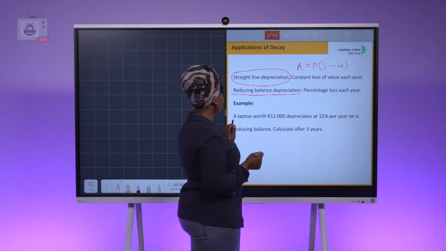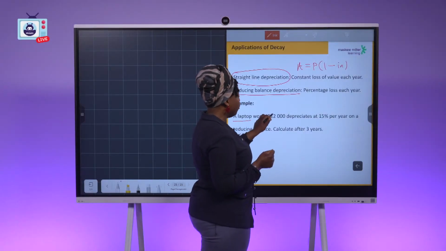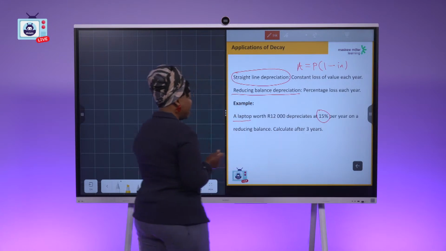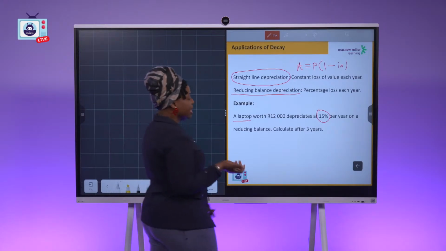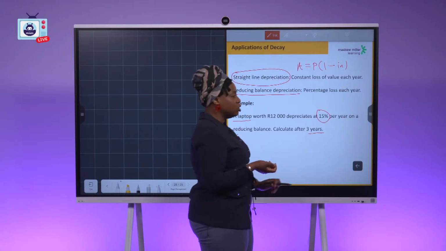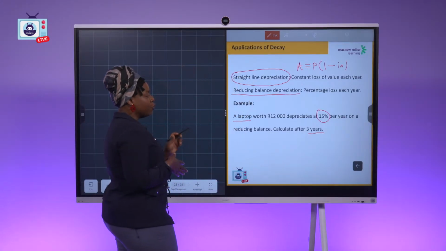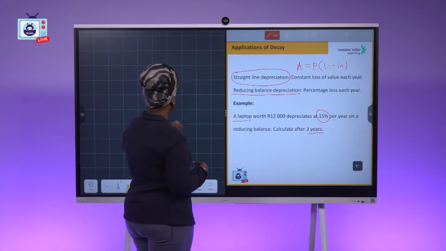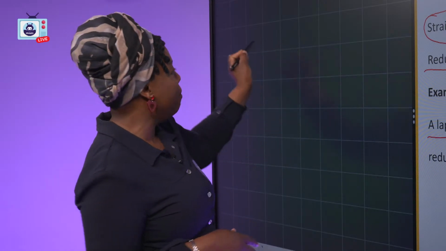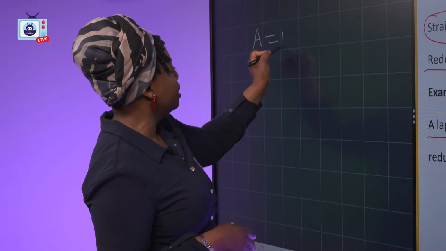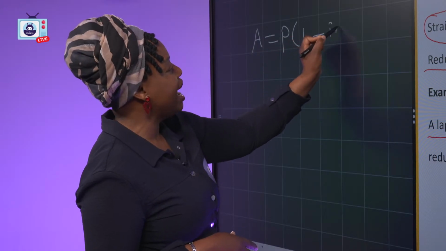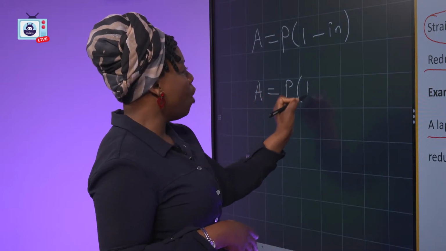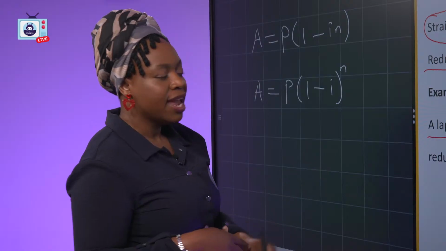Here, if you have a laptop that is worth 12,000 and it depreciates at 15% per year on a reducing balance, you can calculate its value after 3 years, similarly to what we have done on the other side. You can also compare the two. Use the simple decay formula, A equals P(1 minus iN), and the compound one, A equals P(1 minus i) to the exponent n, and see what comes.